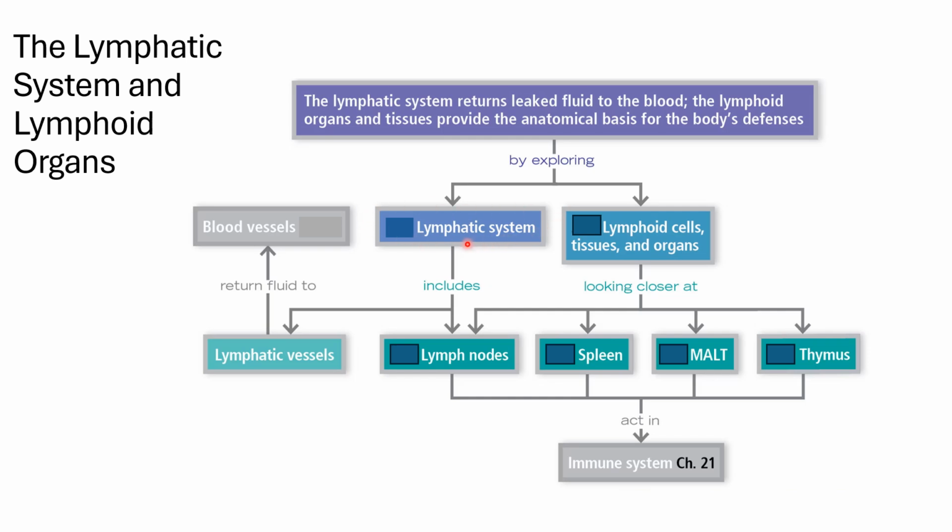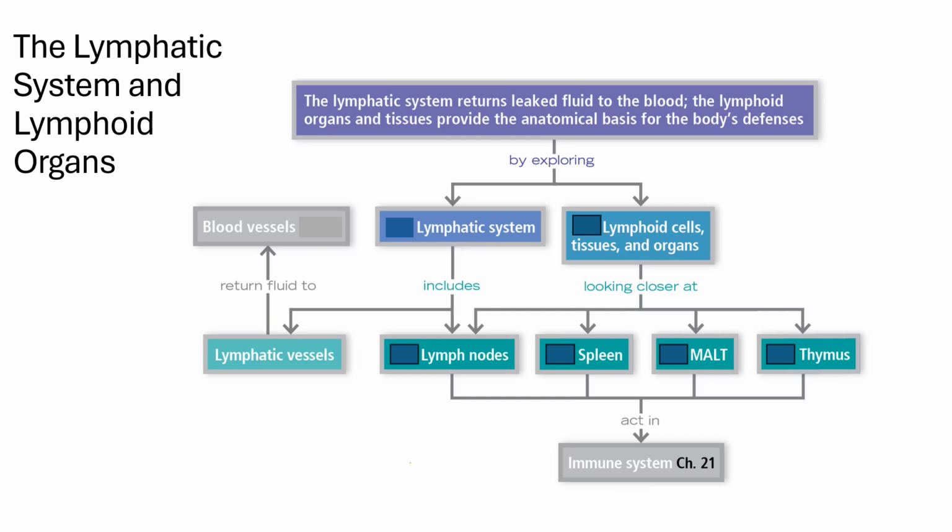The lymphatic system consists of lymphatic vessels and lymph nodes. These lymphatic vessels return the lymph to the circulation, to the venous side of the blood vessels. And then these lymph nodes are present along the pathway of the lymphatic vessels. Lymphatic vessels many times pass through these lymph nodes.